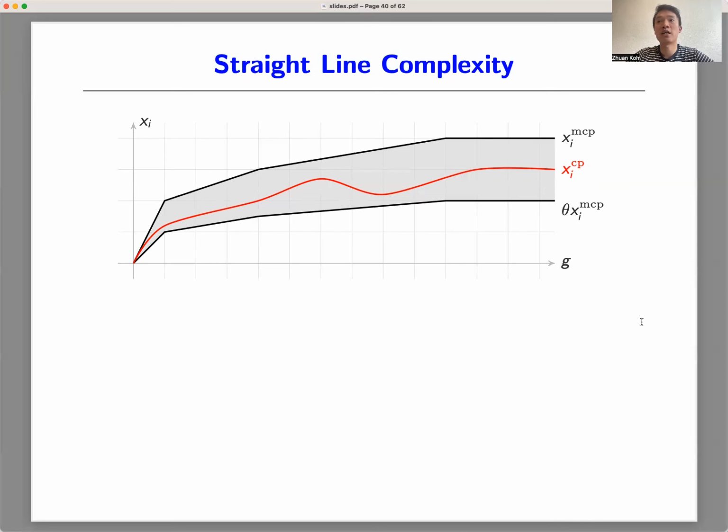And theta xi-mcp is a scaled down version of the max central path. As we've seen in the previous slide, if we pick theta to be 1 over 2m, then the central path, which is indicated by the red curve, lies in the theta neighborhood of the max central path on every coordinate.